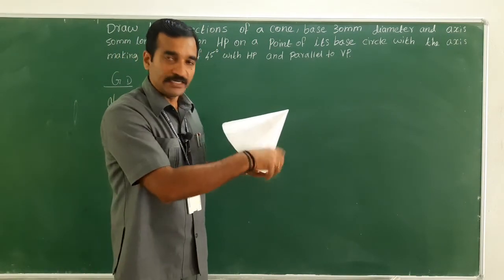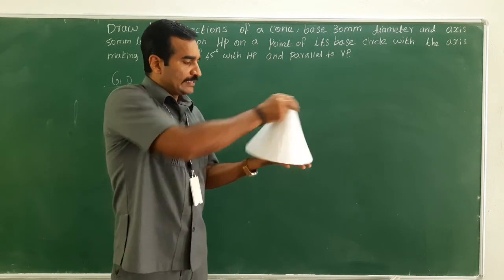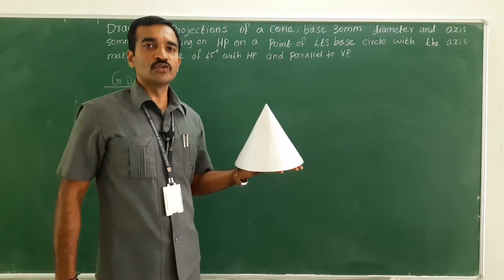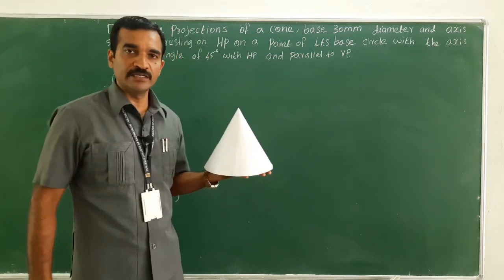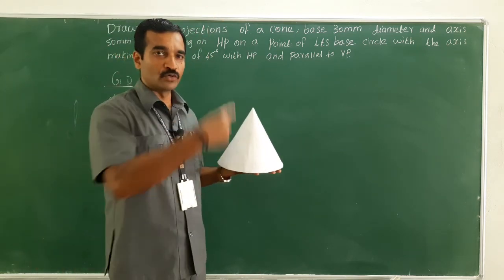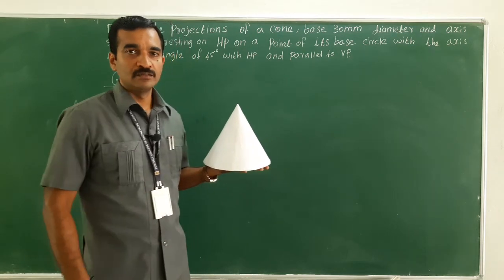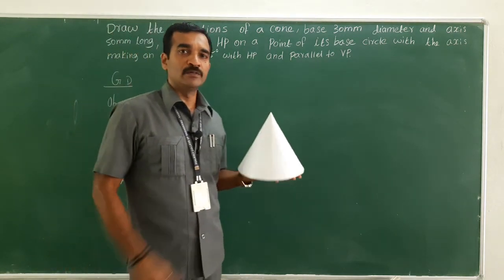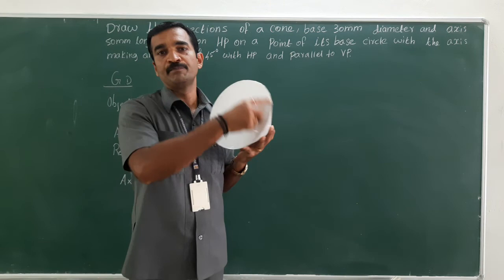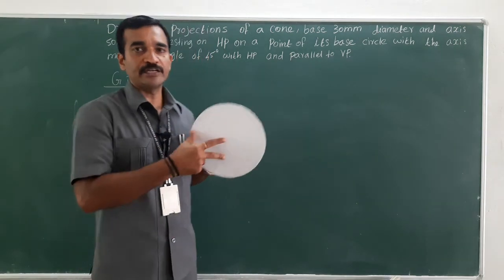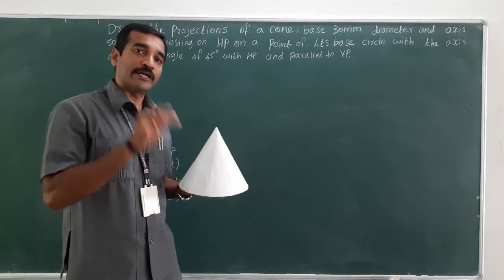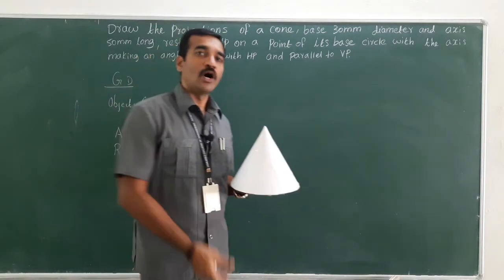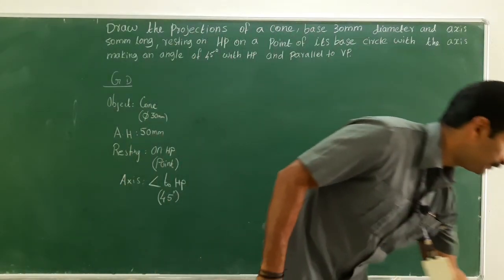Here the axis is inclined to HP, to make it 90 degree. Now you could see the true shape from the top, a circle, isn't it? From the front, you could see a triangle. The true shape is nothing but the base circle that you see from the top, so you have to draw the true shape on HP, right?